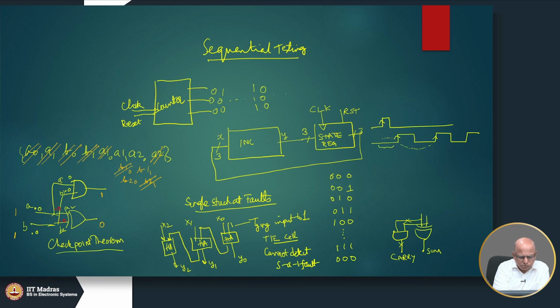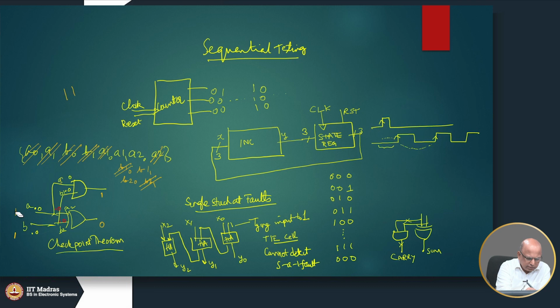It caught quite a few faults. We are now left with only A1 stuck at 1, that is this one. So, we will have to apply a 0 here. So, 1 1 is a very good test vector that we found.